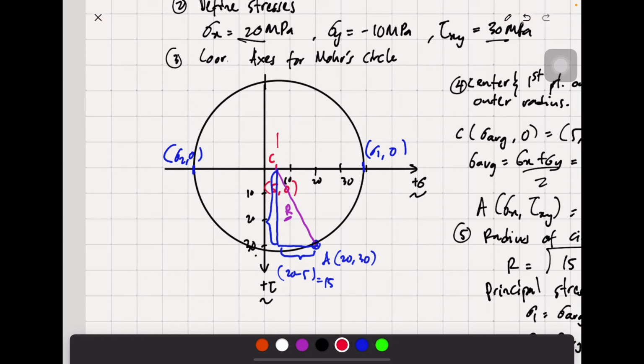From that point to the outer point of your circle, which is sigma 1 here, this is your R. So it is just the properties of our circle, plotted on the axes, but now x and y are replaced by normal stress sigma and shear stress tau, with sigma pointing to the right as positive and shear stress downwards as positive. So this is our sigma average over here.